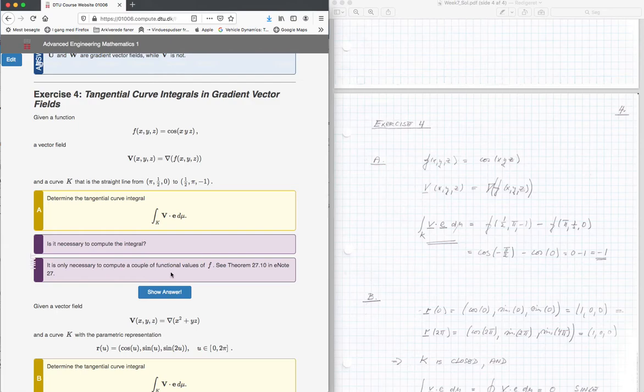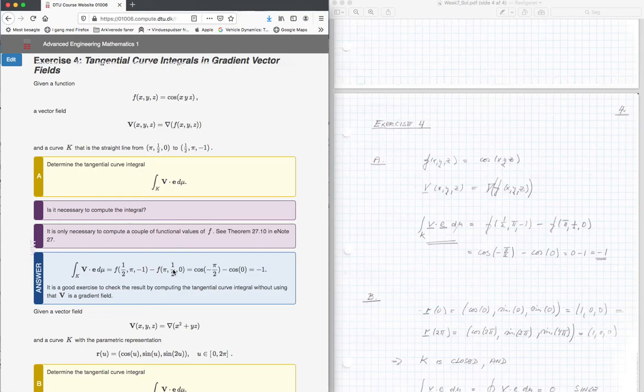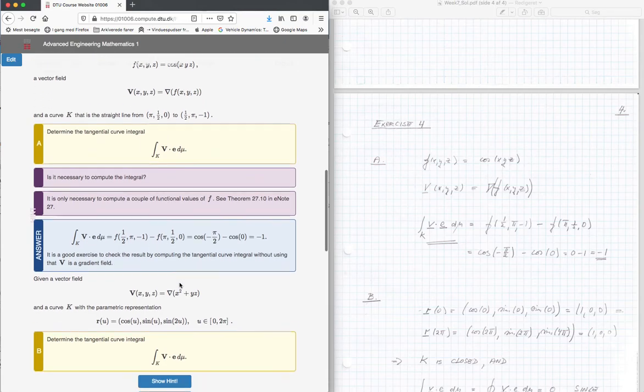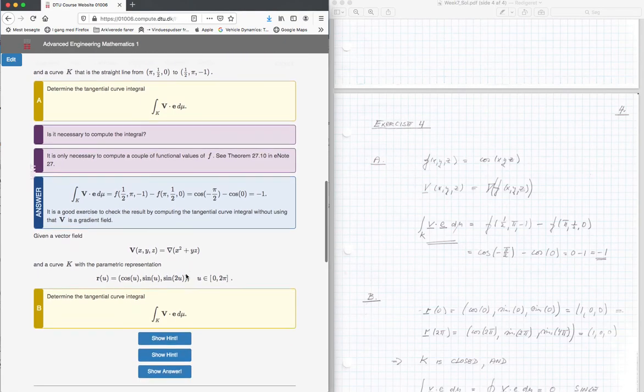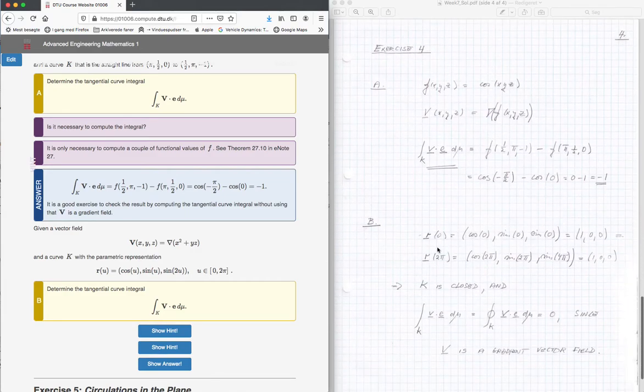No, it's not necessary to compute the integral, and there's a reference that you can look up, and the result here is correct.